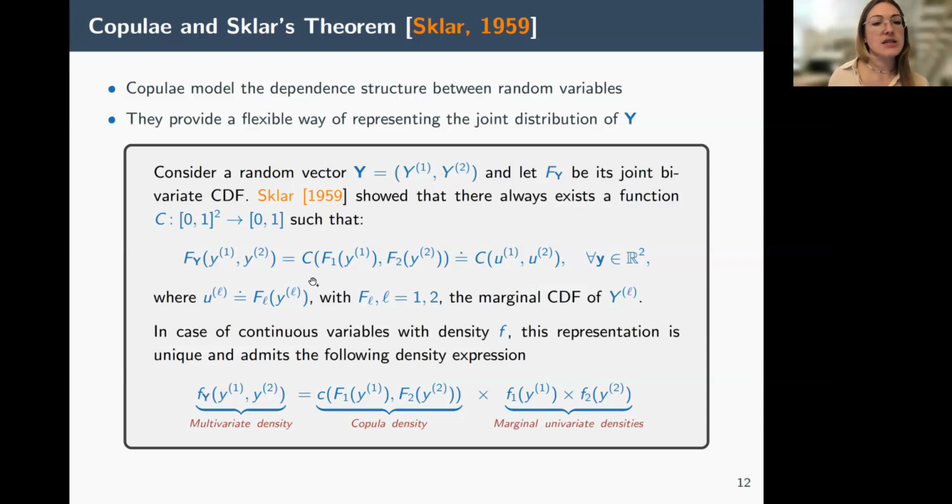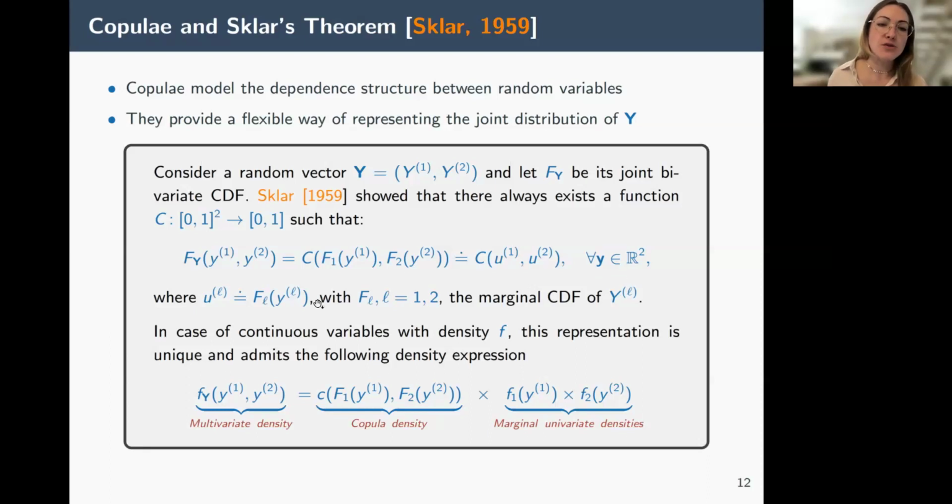This function is such that it can represent the cumulative distribution function of our random vector y through this relationship here: through the copula with arguments the marginal CDFs at the 2 specific points, y1 and y2, for each of the points that we can take in the R2 space.